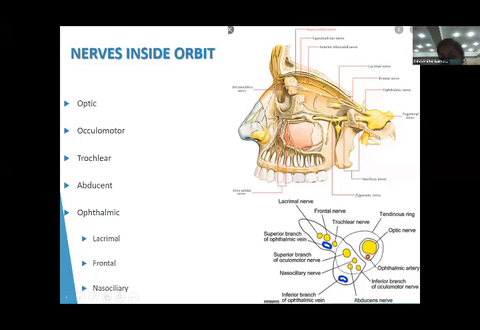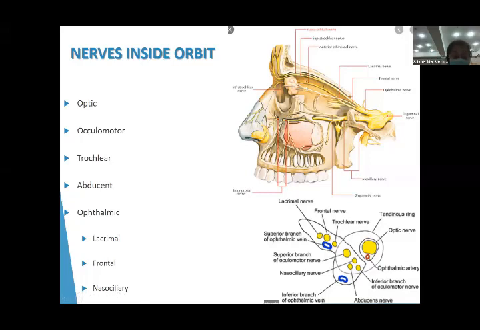This is the ophthalmic branch. This is the trigeminal ganglion, the trigeminal nerve. The first branch of the trigeminal nerve, fifth cranial nerve, is the ophthalmic. This is also present in the eye. This is the frontal branch of the ophthalmic, and this is the lacrimal branch of the ophthalmic.